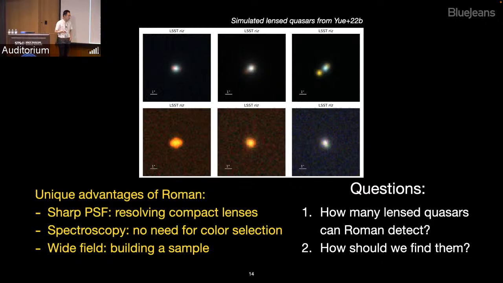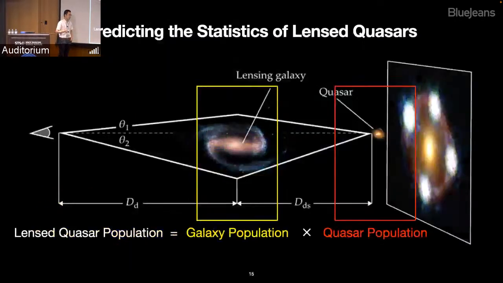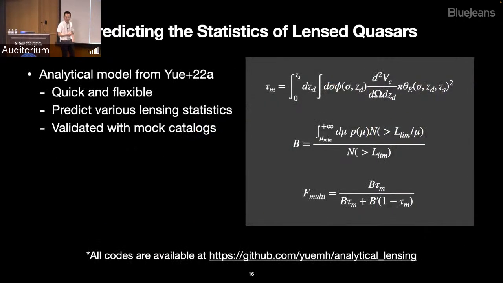In order to estimate the statistics of lens quasars, we need some information about the foreground galaxy population and the background quasar population. With this information, we can do some simple math to get the statistics of lens quasars.